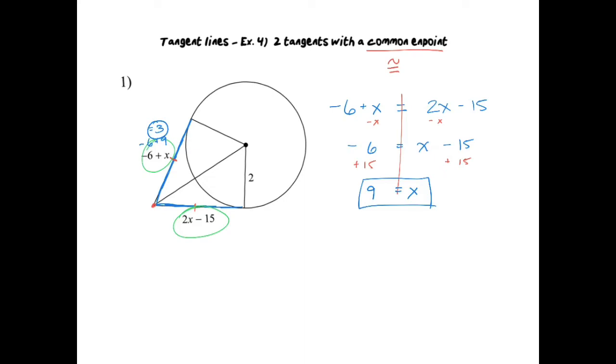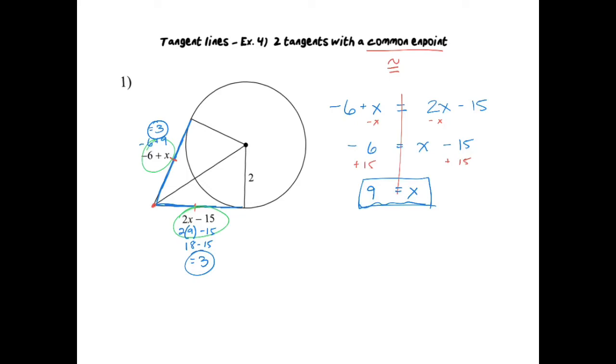This tangent has a length of 3. This tangent over here has a length of 2 times x, which we found to be 9, minus 15. And 2 times 9 is 18, and 18 minus 15 is, guess what? 3. So this tangent has a length of 3.